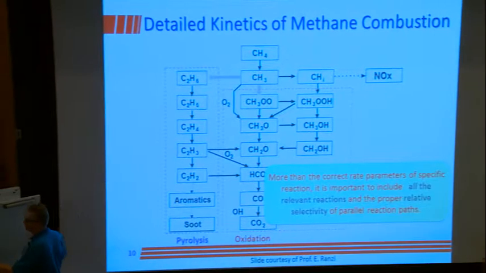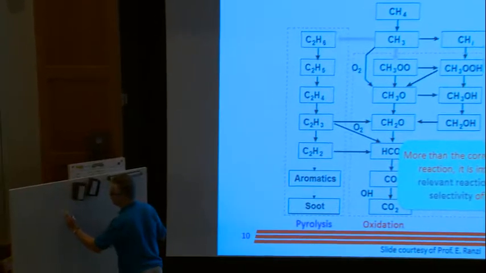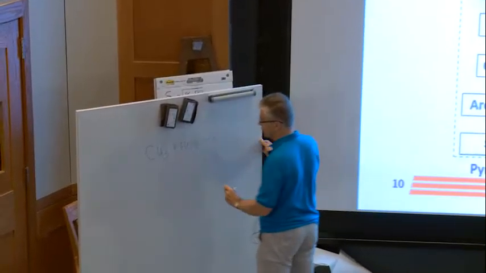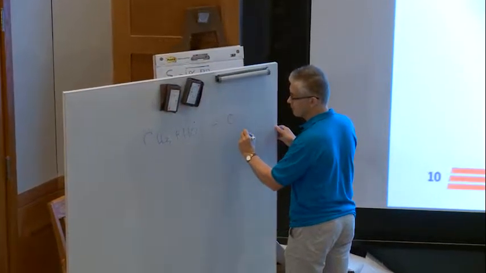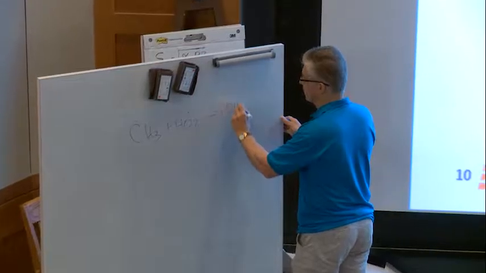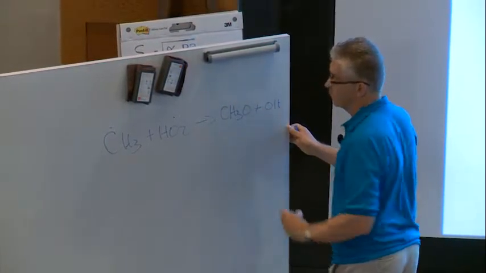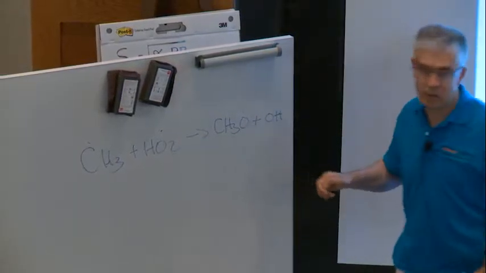But if we have methyl plus HO2 gives CH3O plus OH, that's chain branching.